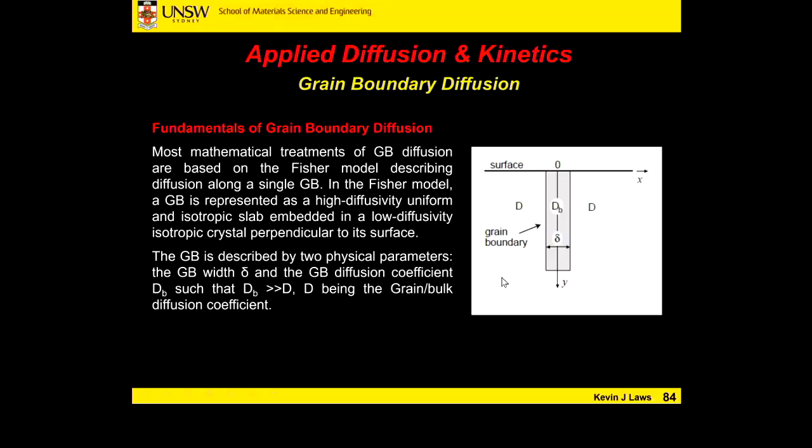We describe the grain boundary by two physical parameters: the grain boundary width, delta, and the grain boundary diffusion coefficient. And we've also got the basic assumption, which is true in I think 100% of cases, that the diffusion coefficient of the grain boundary is much, much greater than that of the surrounding matrix.